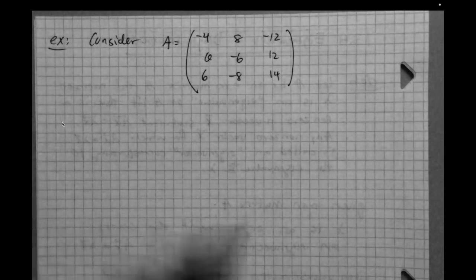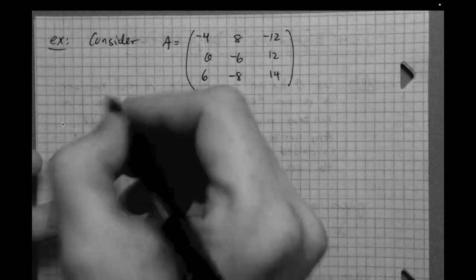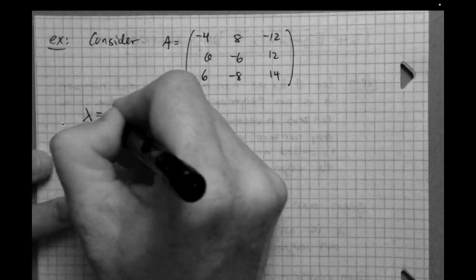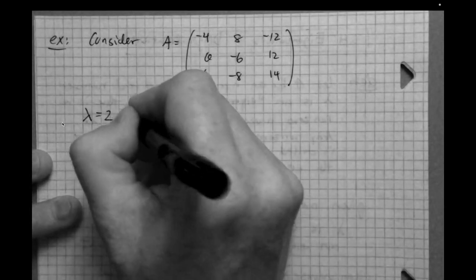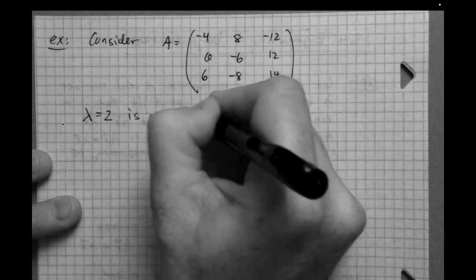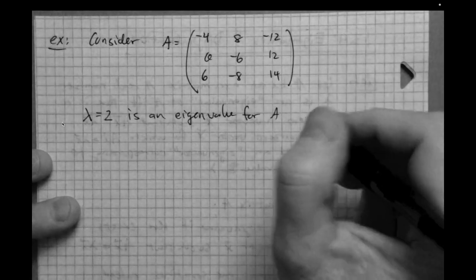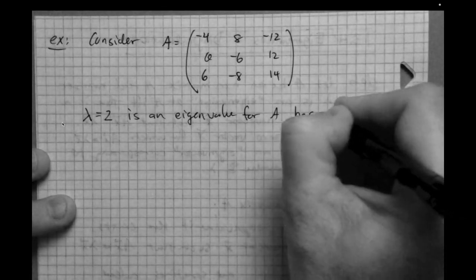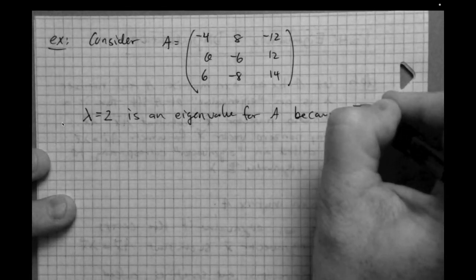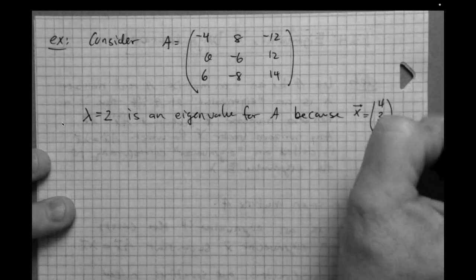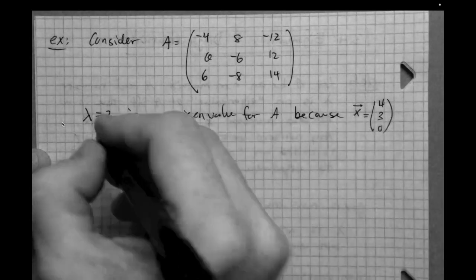And so we'll talk about how to find the eigenvalues in a bit, but let's just say right now that lambda equal to 2 is an eigenvalue for A. Okay, and specifically because there's a vector x, which is 4, 3, 0.